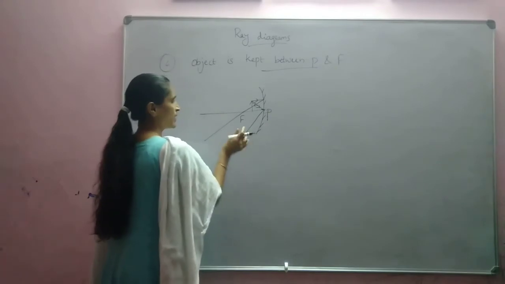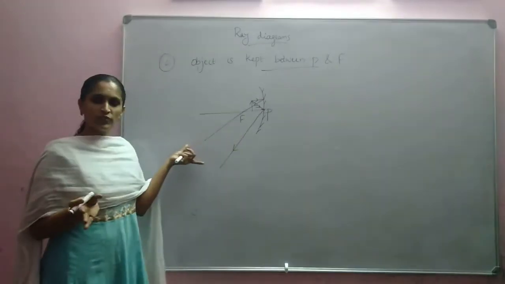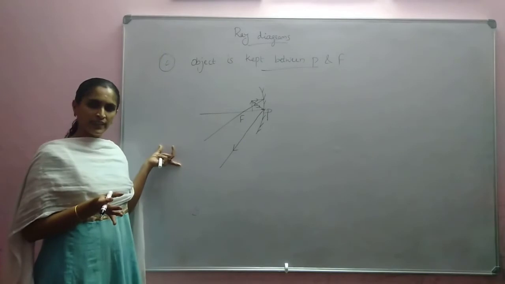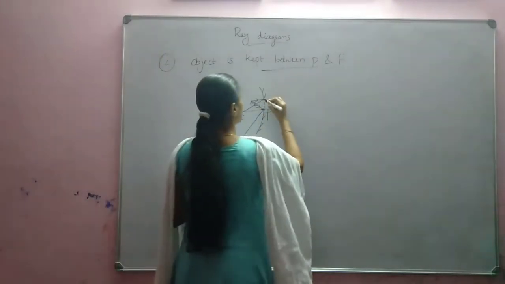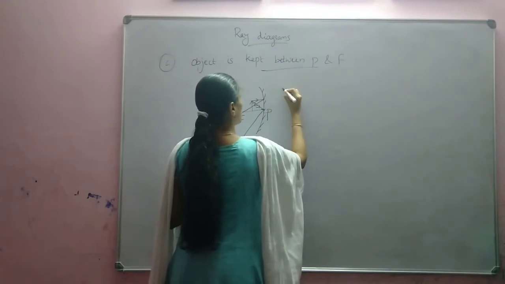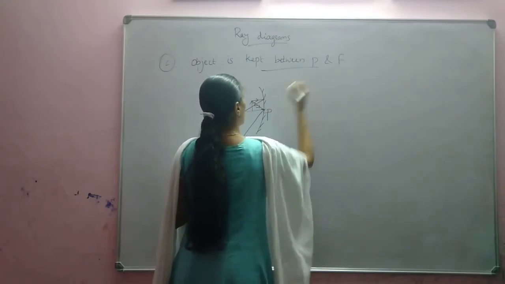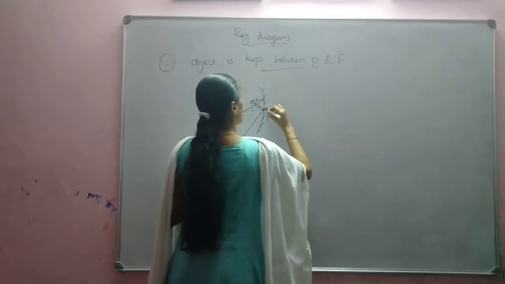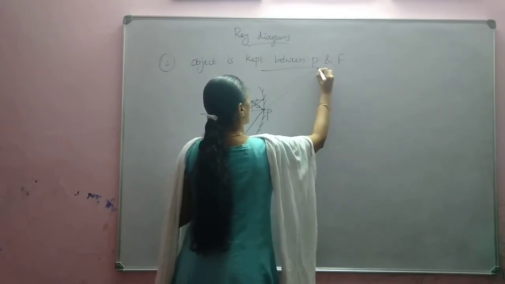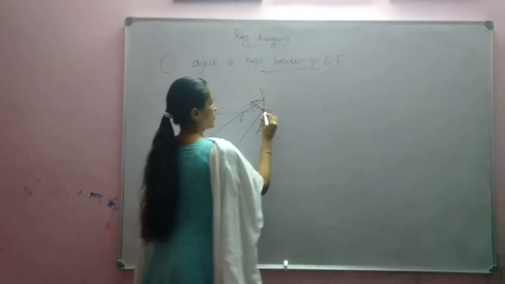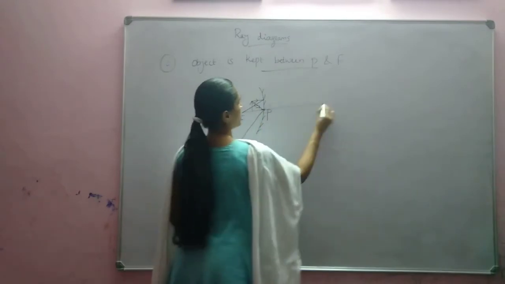So here you can see that the separation of these rays is increasing. So no chance that they will meet. But if you extend these rays backward, you can see that these two rays appear to come from a point. So that is the position where the image is formed.